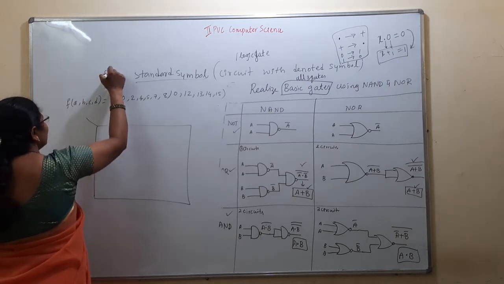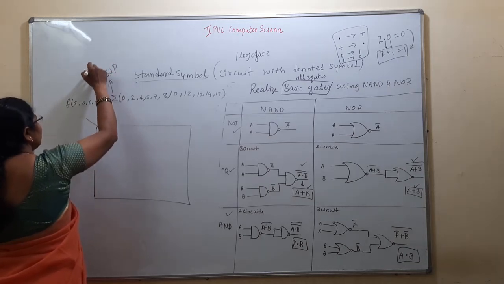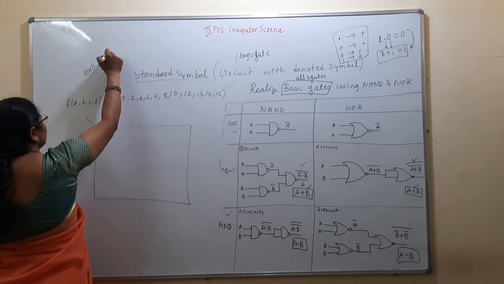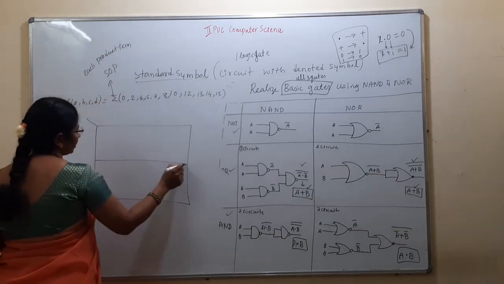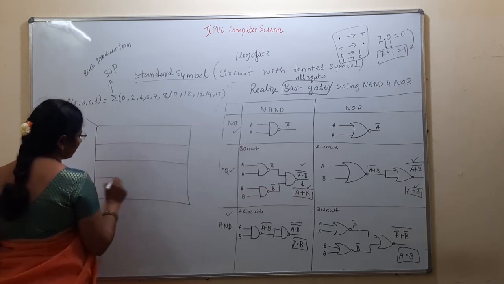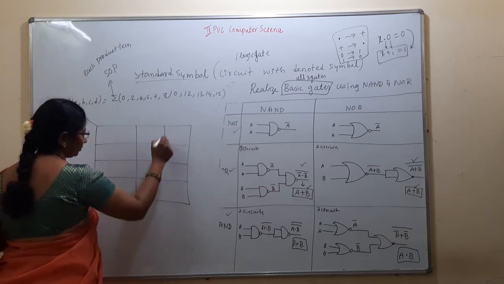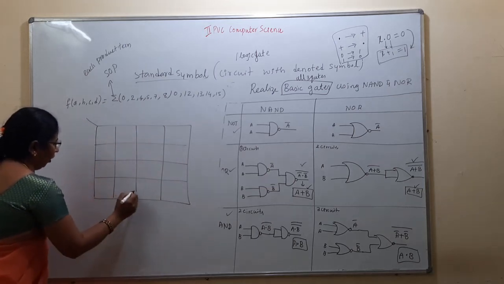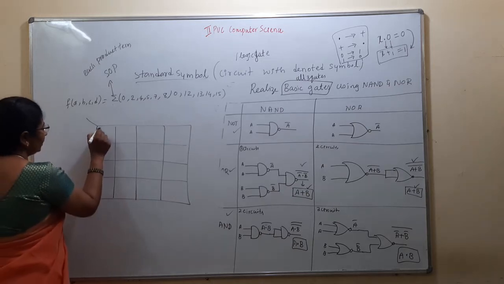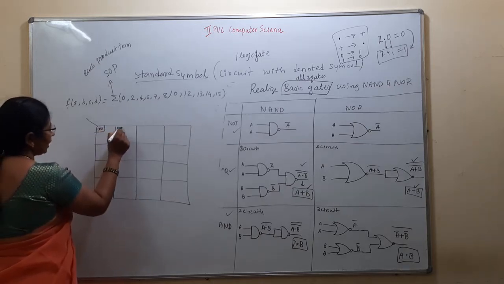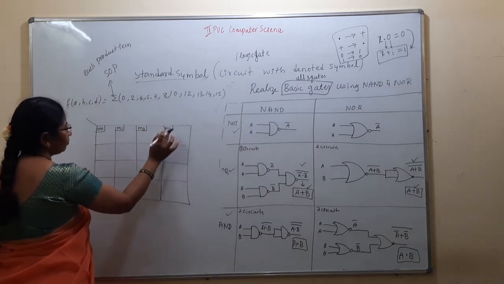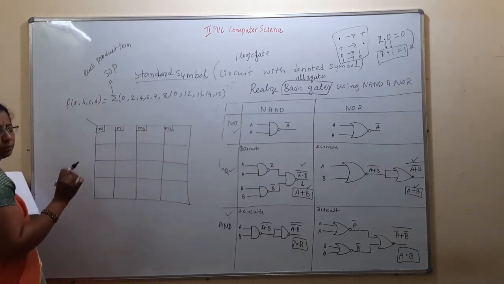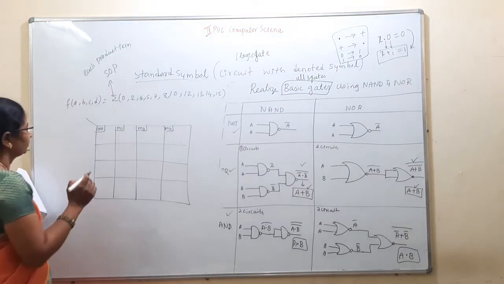Sigma indicates SOP. Each term is a product term. And you need to represent with a 1, not with a 0. And writing this one is compulsory, students. M0, M1, M3, M2, and putting into the corner with a pencil, it's compulsory.